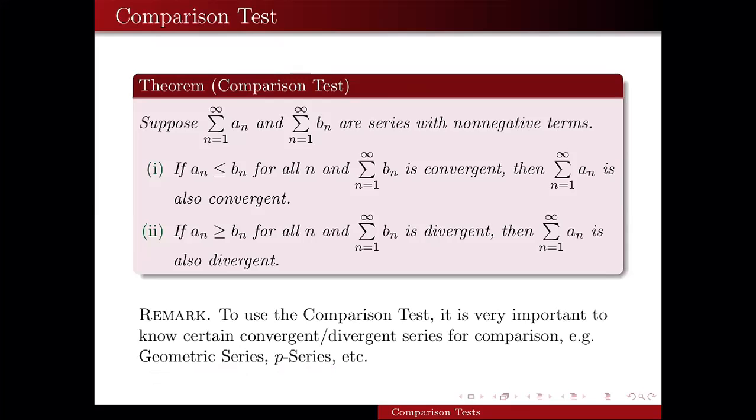Well, the harmonic series is just a P series. So if we are going to analyze a certain series, we can compare it to a geometric or to a P series, then maybe we can find the convergence or divergence of the series we are analyzing.